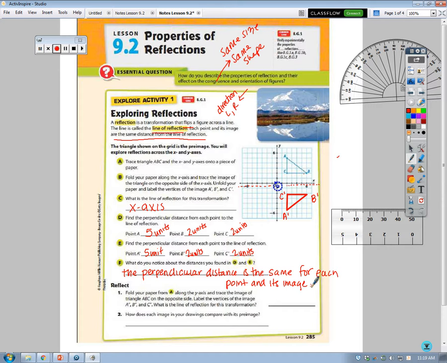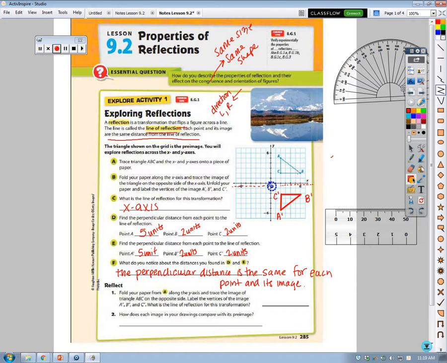So looking at our reflection, if we fold our paper again from A, so the first thing we did here, our first triangle, I'll go ahead and draw a new triangle here. I'm going to draw a new triangle and reflect it across the y-axis.